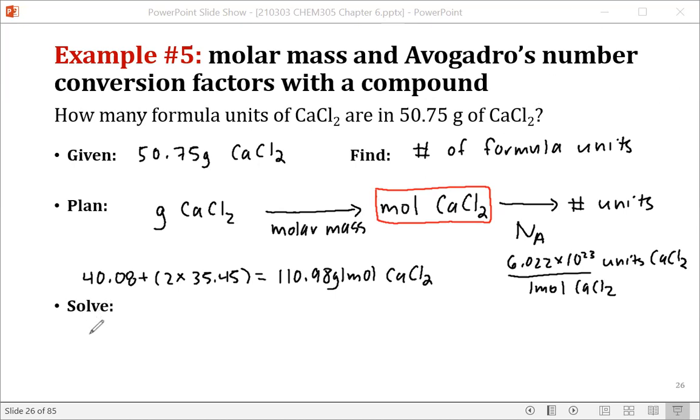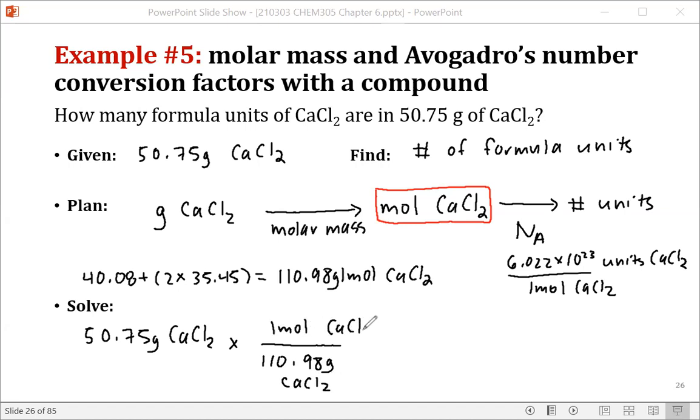Okay, so let's solve this out. So we've got 50.75 grams of calcium chloride. We're going to set up our molar mass so that the grams cancels out. So 110.98 grams of calcium chloride for every 1 mole of calcium chloride.